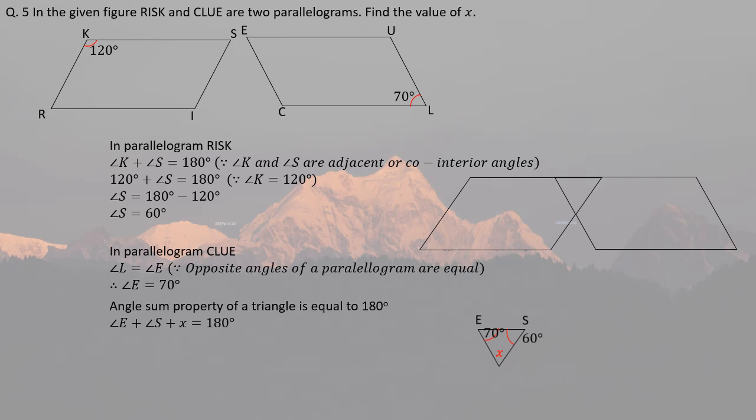Angle E measures 70 degrees, angle S measures 60 degrees. So replacing those with their values, we have 70 plus 60 plus x equals 180 degrees. So 70 plus 60 is 130 degrees plus x equals 180 degrees. We take 130 towards the right hand side and x equals 180 minus 130 degrees, and we know 180 minus 130 is 50 degrees, so the value of x is 50 degrees.